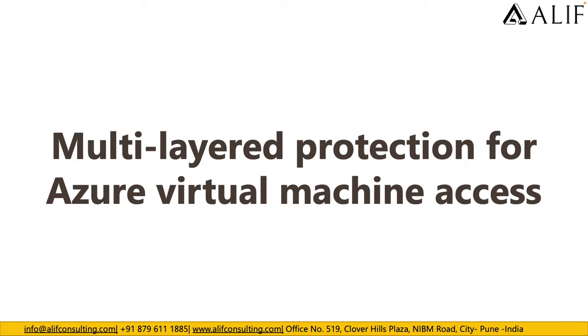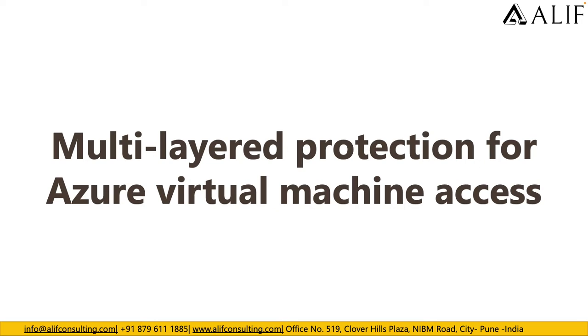We are creating these videos for partner enablement, where we are going to explain how a partner can sell a solution to a customer on Azure. The first solution we are going to talk about today is the multi-layer protection for Azure Virtual Machine Access.